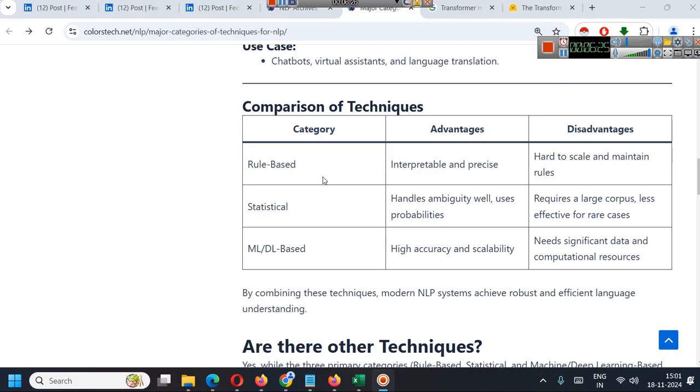Here is a simple comparison of techniques. Category one is rule based. It is interpretable and precise, that is its advantage, but it is hard to scale and maintain rules. So for small applications, or where you need more precision, you can do rule based.